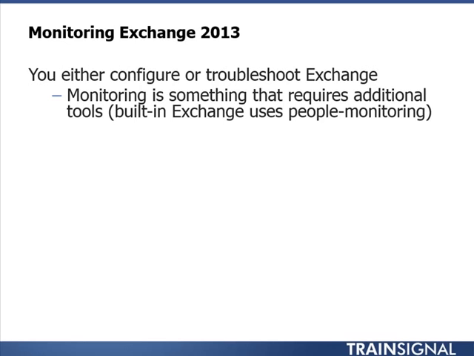It doesn't quite tell you where the problem is coming from or what you might do to fix it. It's really not very helpful. It's actually the least helpful of all the monitoring tools. It tells you there's a problem, yells at you, makes you feel bad, but doesn't actually help you in any way or lead you in the right direction. Okay, so going with pure people monitoring built into Exchange, not such a good idea.